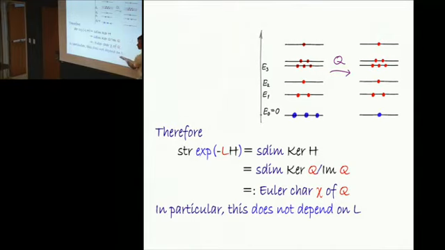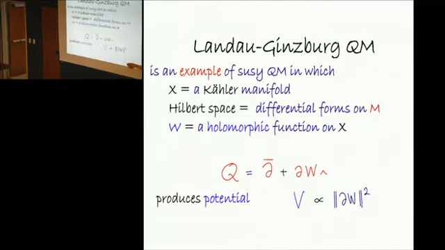You start with a Kähler manifold X, and your Hilbert space is the space of differential forms on X. I apologize, this should be X. This is Z2 graded by the degree of the differential forms, and my operator Q, whose Hamiltonian will be QQ star plus Q star Q, is the d bar differential plus exterior product by the differential of a holomorphic function W. Since W is holomorphic, this squares to 0.